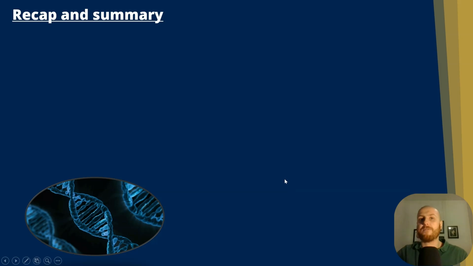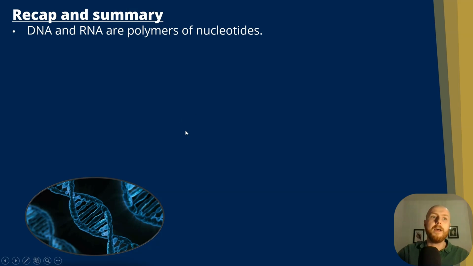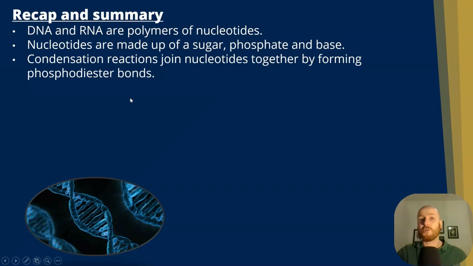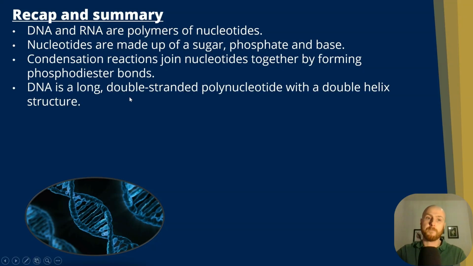Now let's recap everything, because I know I've hit you with a lot of new content here, a lot of quite complex terms and concepts. So to put it simply, DNA and RNA are polymers of nucleotides. Nucleotides are made up of a sugar, a phosphate, and a base. Condensation reactions join the nucleotides together by forming phosphodiester bonds.